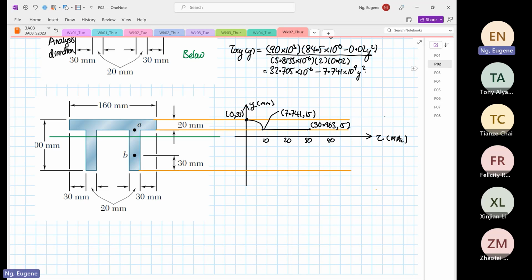And then we have our maximum 32.705, because now we know that y is equal to 0.